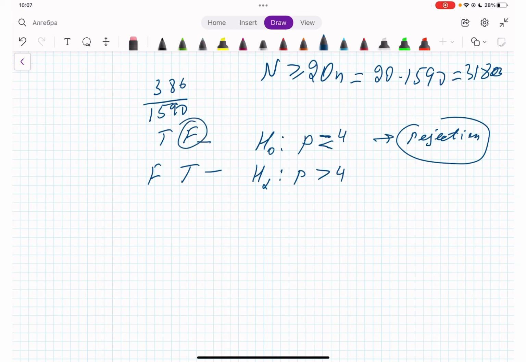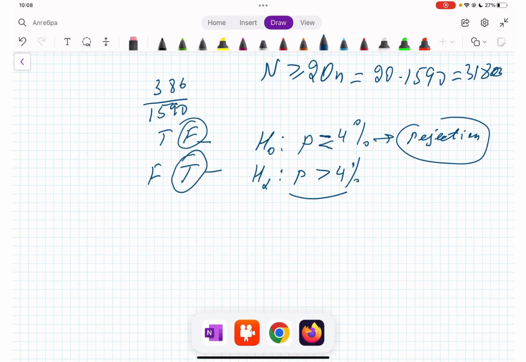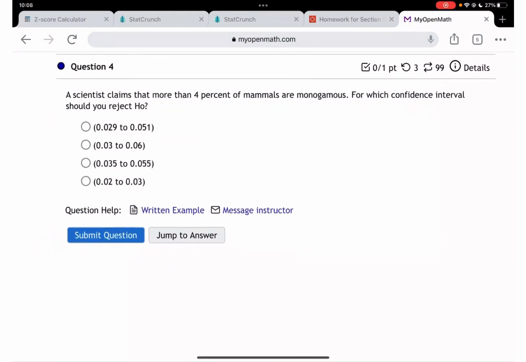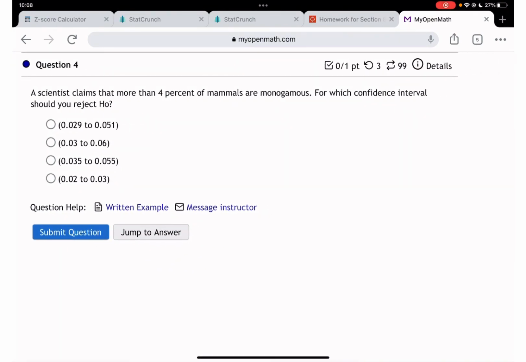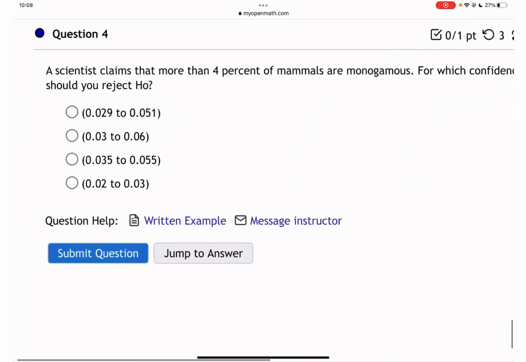That means we need the alternative to be true, that the proportion is greater than 4%, and the false is less or equal 4%. So we need to find an interval that is at a maximum 4, or even better, less.